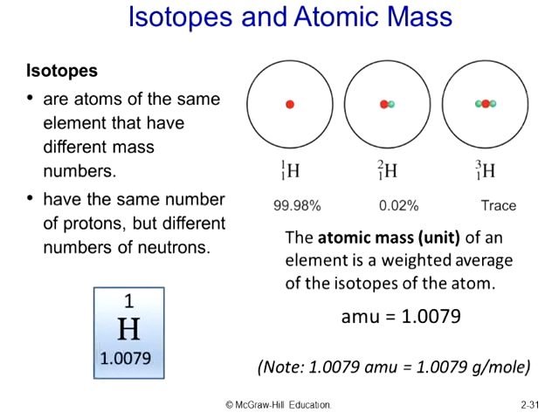For hydrogen, the AMU is 1.0073. That is the atomic mass unit, and that does not change for the element. Each element has a unique AMU. Just by way of note, 1 AMU is the same as 1 gram per mole.